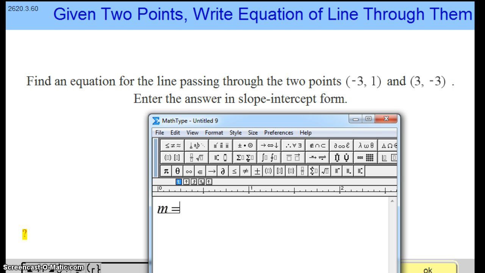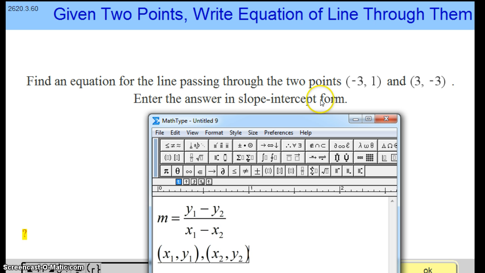So we denote slope m, and the formal definition is y1 minus y2 over x1 minus x2, where x1 and y1 are points, so you have something like (x1, y1) and (x2, y2). Okay. So these are 2 points in our case.